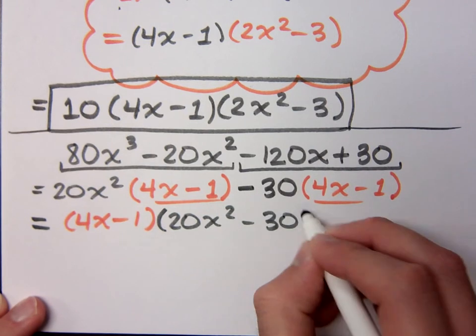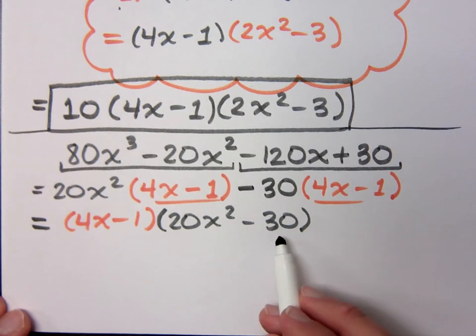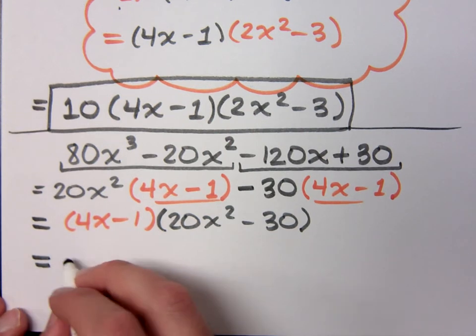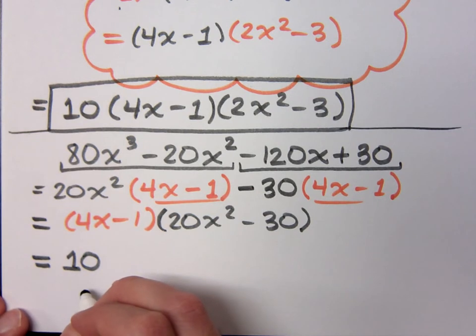Now you got to watch out here. 4x minus 1 is done. You can't do anything else with that. What about 20x squared minus 30? There's a common factor of 10. Now since that common factor of 10 is a monomial factor, I'd write it out front like this.